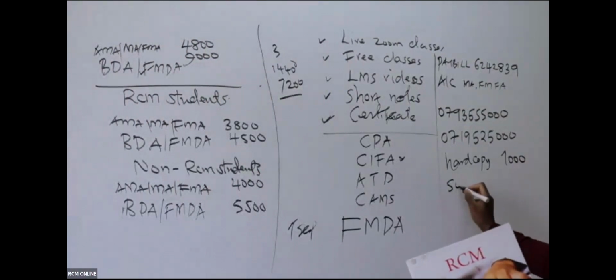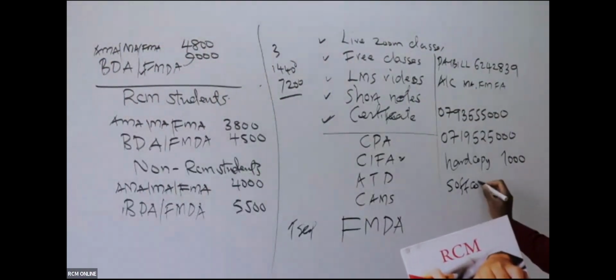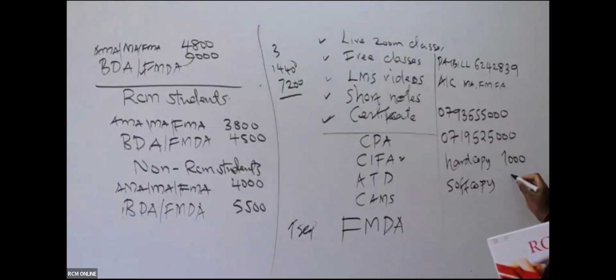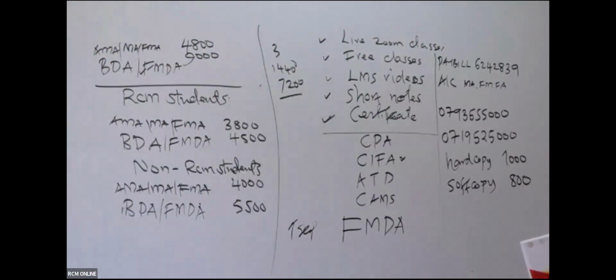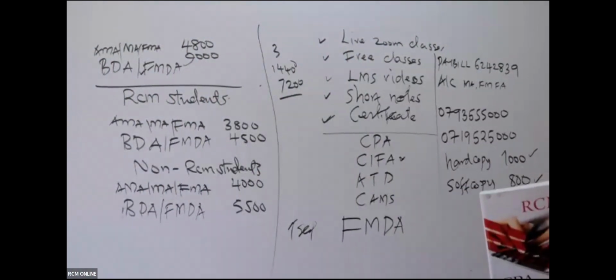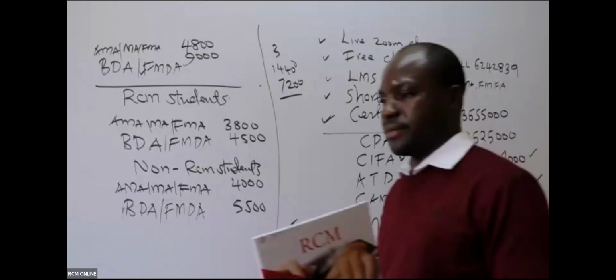Then the soft copy of the same book with the same content will be going at the cost of 800 shillings. So you have that option of taking the hard copy or taking the soft copy of any revision kit.